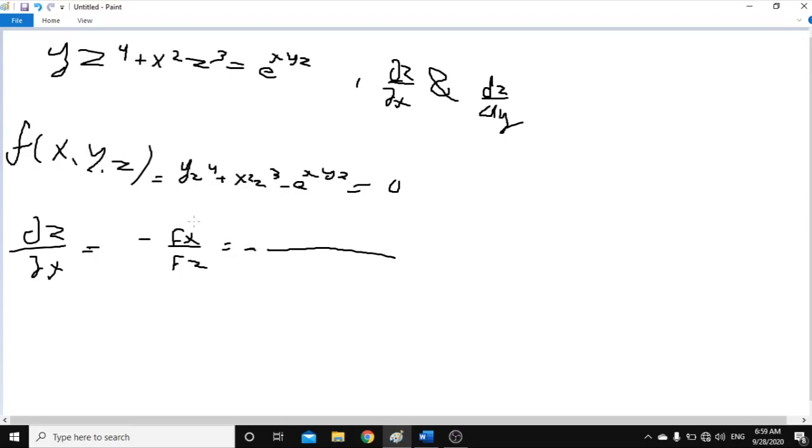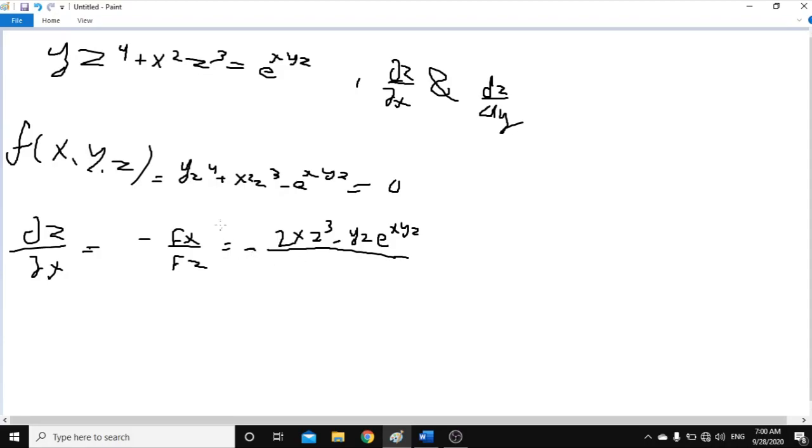Taking with respect to x here, y z to the fourth is 0. Here x is going to be 2x z cubed, and then negative e to the x y z. We take the derivative of the power, which is going to be negative y times z, then e to the x times y times z.